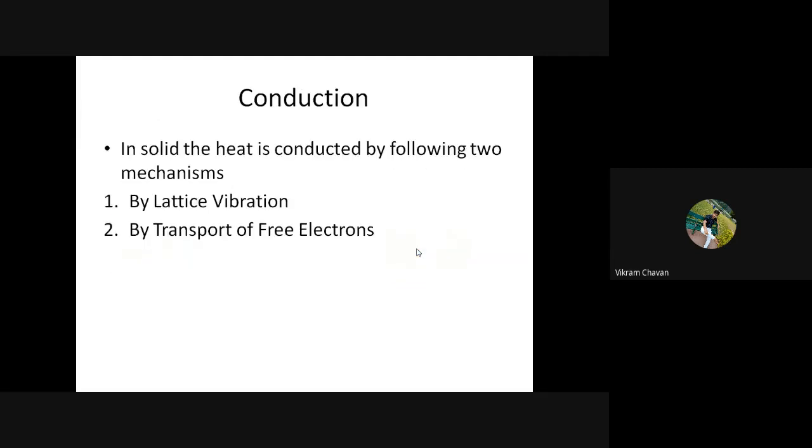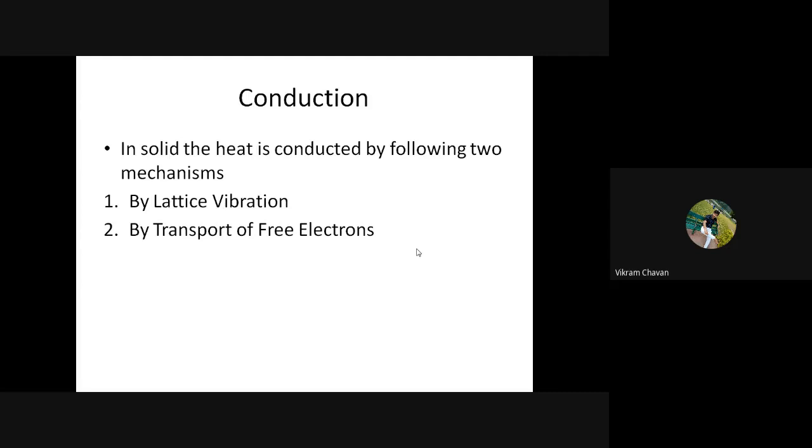Okay, so now we come to know what is meant by conduction. But how does it happen? In solids, conduction happens because of two phenomena or mechanisms.